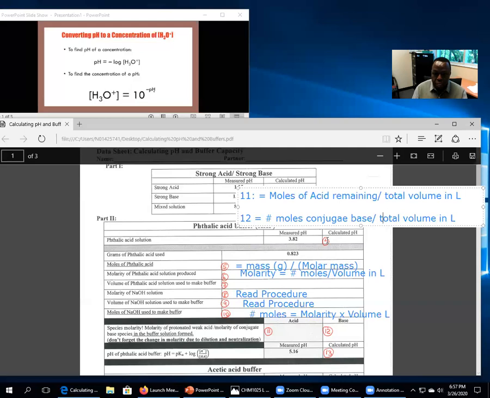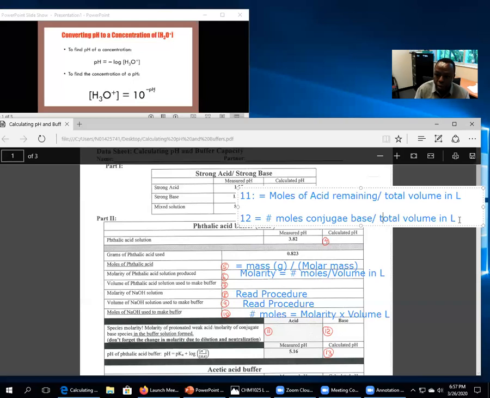How do I know that this is a weak acid? One way of identifying a weak acid is if you are given the Ka. If you look at page 149, KHP is one of the weak acids because I have the Ka. I can find the Ka, I've been given the pKa. You'll never see Ka for strong acids or strong bases.